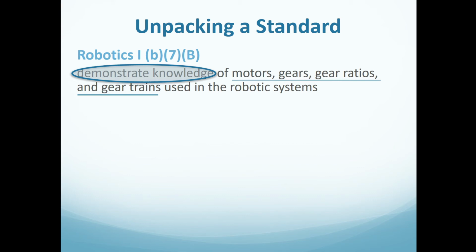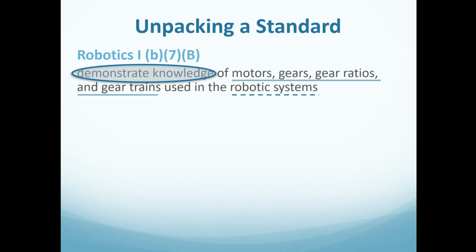The standard is asking that students demonstrate knowledge of these concepts. We've circled the skill. I also see that this standard has a context for specific application. Robotic systems. It wants students to identify the use of these concepts in robotic systems, not in cars or other machinery. I will put a dashed line under the context for specific application.